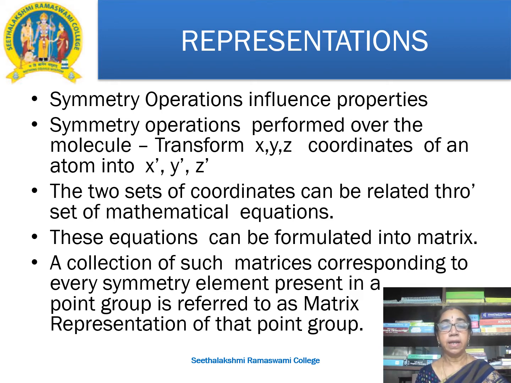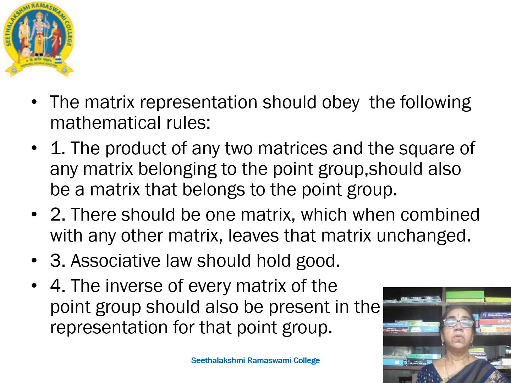Now, a collection of such matrices corresponding to every symmetry element present in the particular point group is referred to as matrix representation of that point group. These representations should also obey certain mathematical rules. Then only they can be considered as representations.